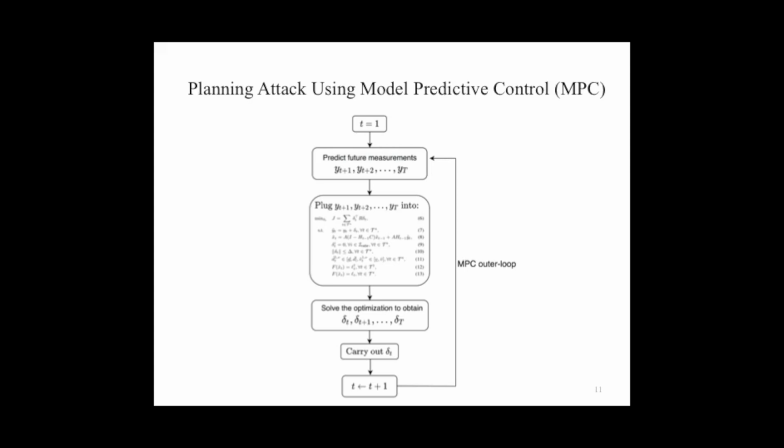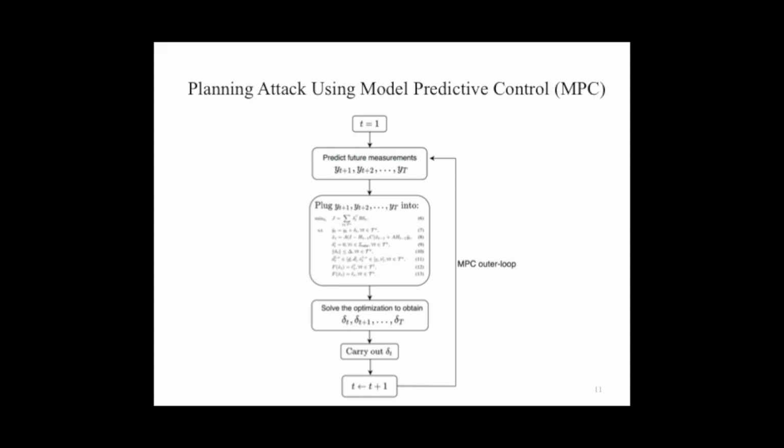This allows the attacker to directly solve the optimization and obtain a sequence of manipulations from the current time step little t to the target time step capital T. Then the attacker carries out only the manipulation planned for the current time step, which is delta little t, and discards the remaining ones.